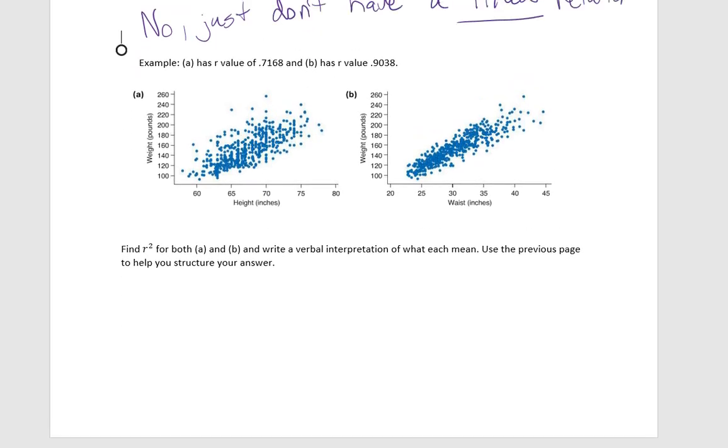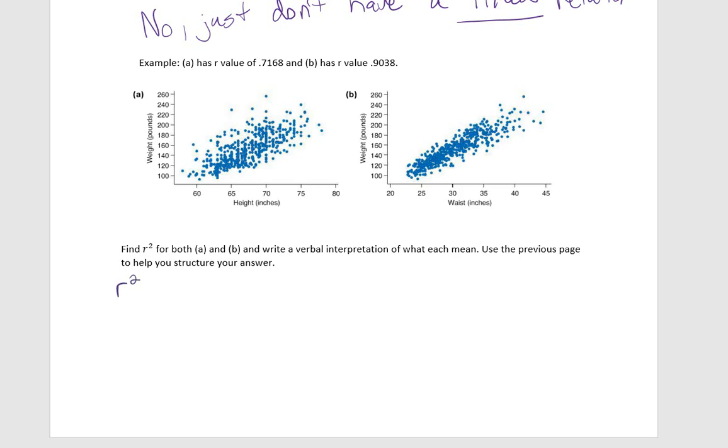So let's look at finding r squared and writing a verbal interpretation. If we look at A, I said do it for A and B, but I'll do it for A and then I'll let you guys do it for B on your own. We're given the r value, which is 0.7168, and we want to find the r squared and write a verbal interpretation.